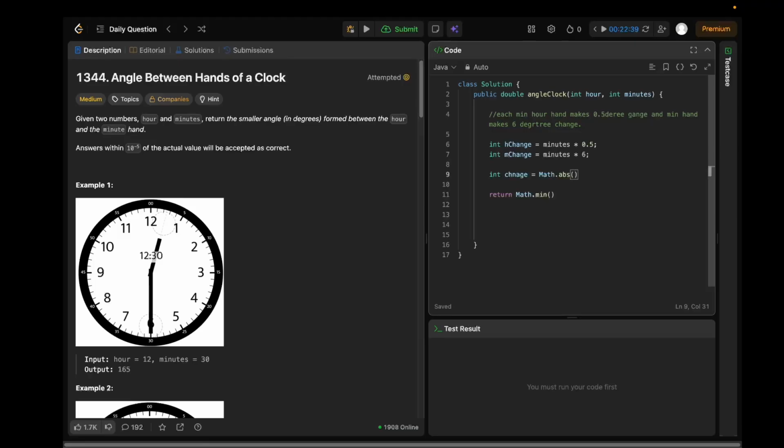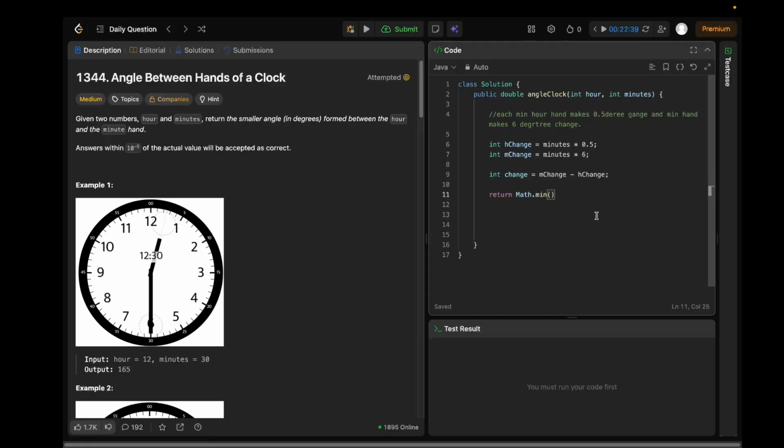Could it ever be negative? Could we ever have a minute change less than, I don't think so. Right, because even if 1 minute passes, our 12 will still be less.